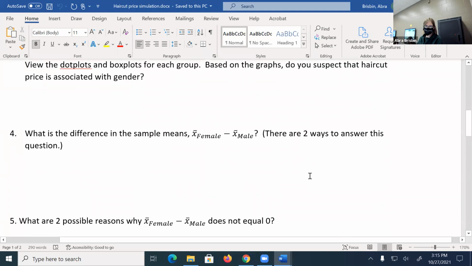Let's see. So let's skip down to problem 4. What was the difference in sample mean? So the sample mean for females minus the sample mean for males.